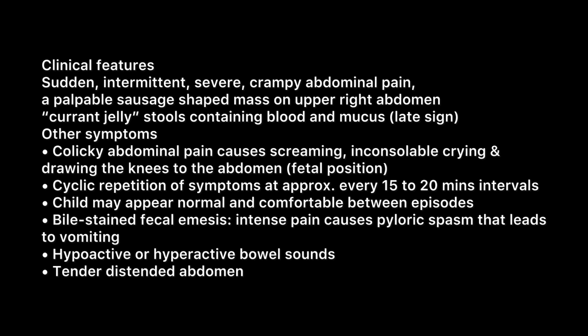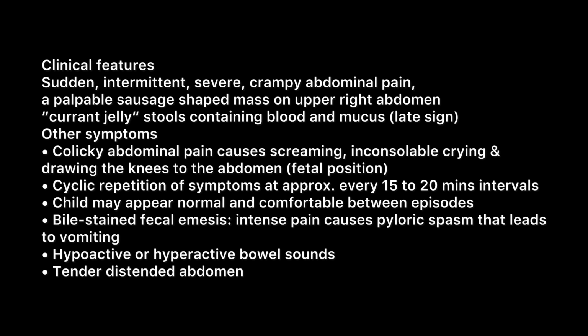In a case study, if you see a palpable sausage-shaped mass, you can think about this condition. Currant jelly stool containing blood and mucus, colicky abdominal pain, cyclic repetition of symptoms at approximately every 15 to 20 minute interval. The child may appear normal and comfortable between episodes.